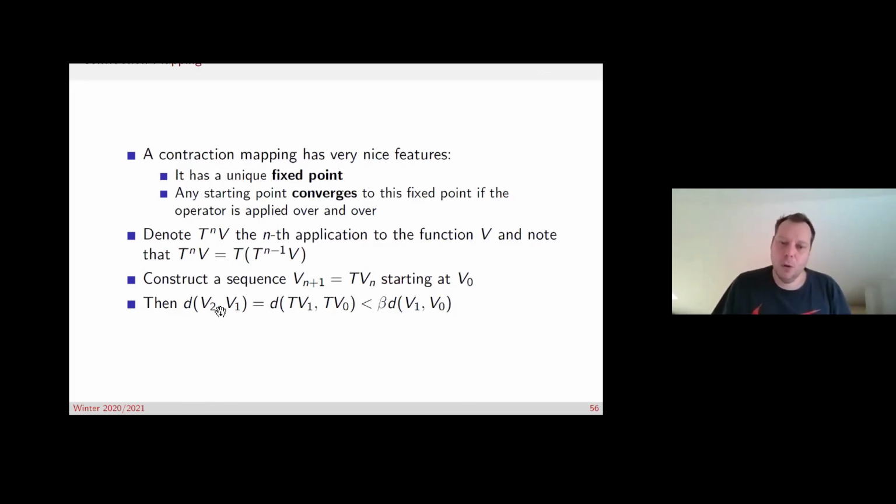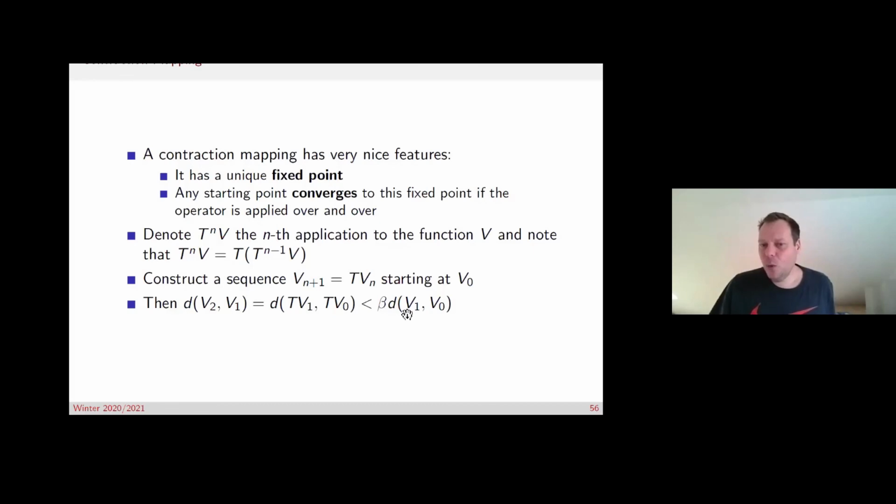So those two are the same as the distance between 1 and 2. And now you can maybe already guess somewhat where we are heading.